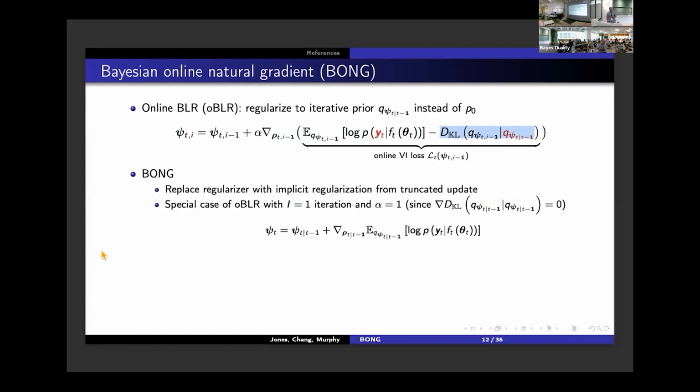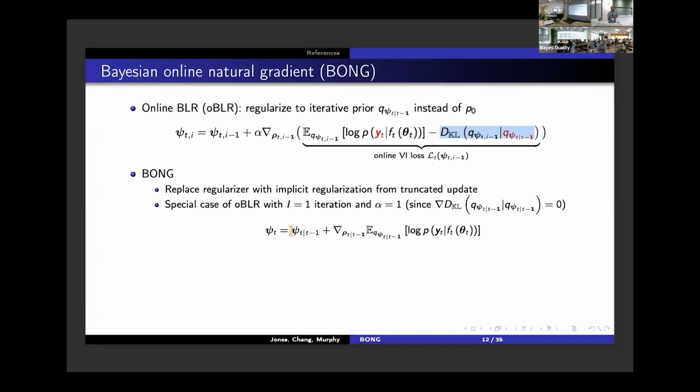Is there a difference between psi sub t comma I and psi sub t given t minus 1? Yes. For BONG, there is no I because we just have a single update per time step, right? So you can say I equals 1, but we don't put that in there.